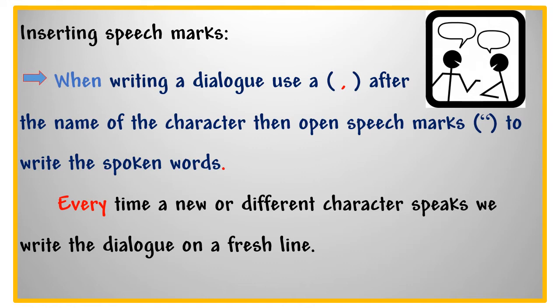When writing a dialogue, use a comma after the name of the character, then open speech marks to write the spoken words. Every time a new or different character speaks, we write the dialogue on a fresh line.